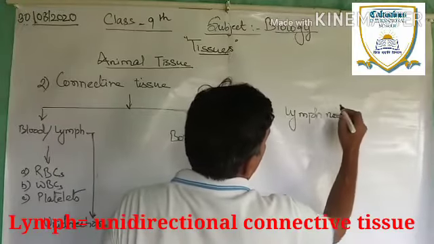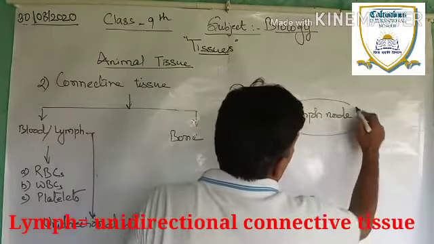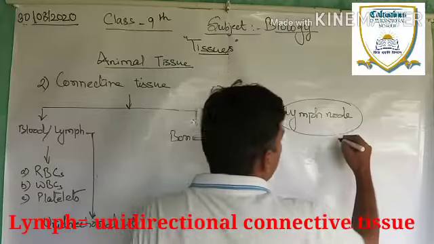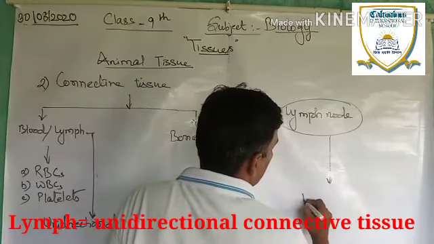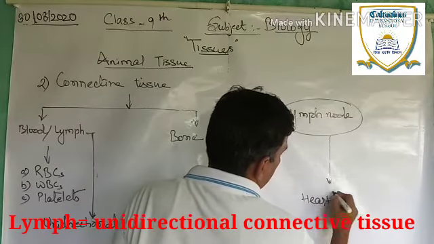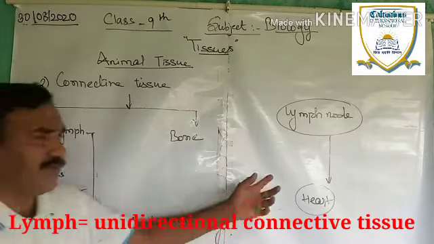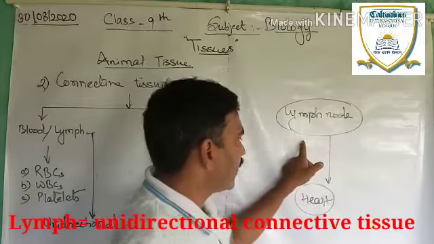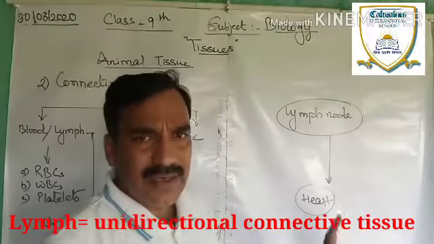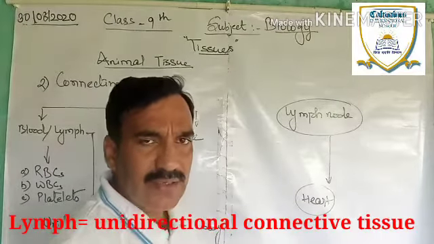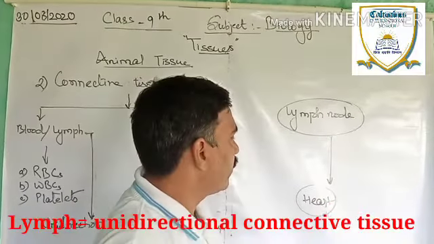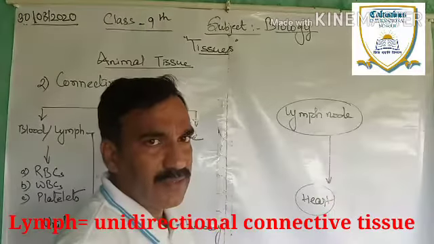They are produced in lymph nodes present at various places of the body. Lymph node to the heart, and that's all. From the lymph node they travel to the heart and they vanish. Thereafter, there is no existence of lymph.